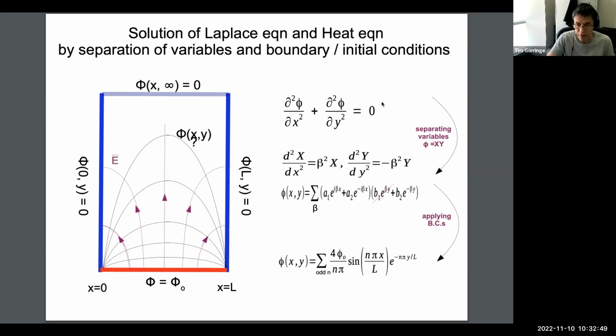So the procedure for solving this is to break this single partial differential equation down into a pair of ordinary differential equations.